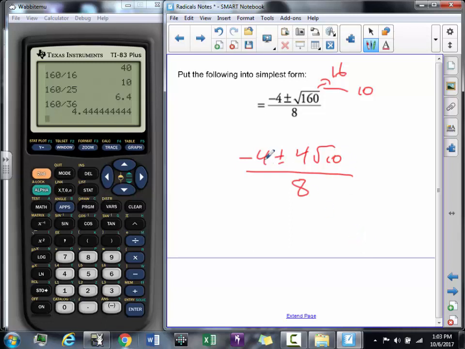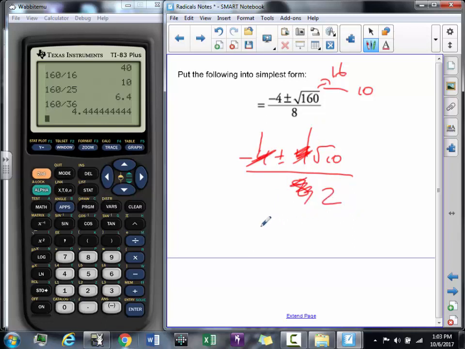Last step. This 4, this 4, and this 8 can all be reduced. We already did multiples, right? 4, 4, and 8 are all multiples of the number 4. So divide them all by 4. Divide this by 4, make it a 1. Divide this by 4, make it a 1. Divide this by 4, make it a 2.